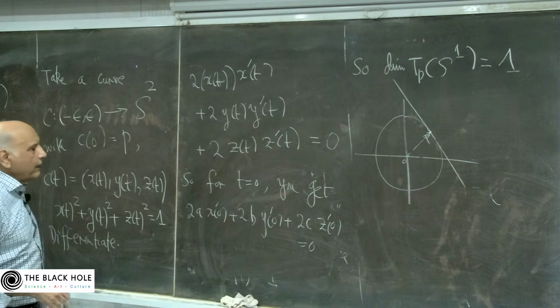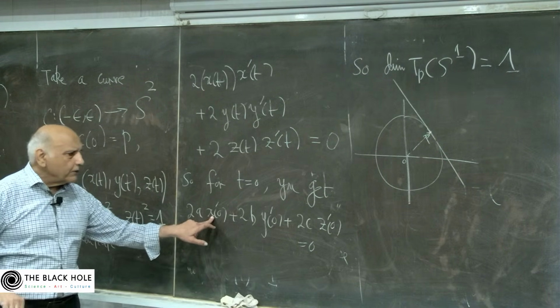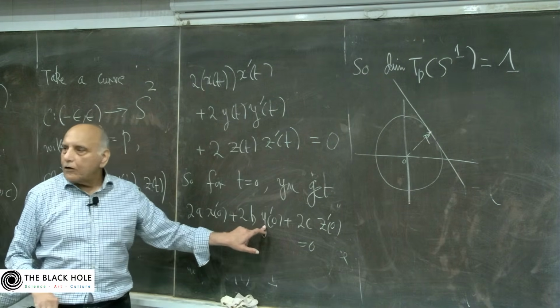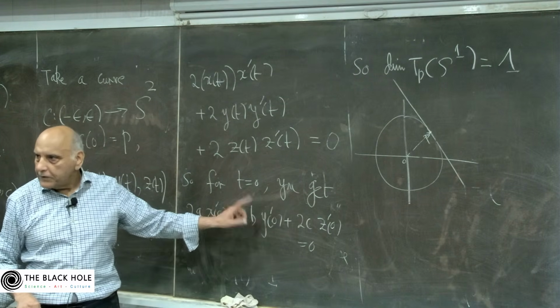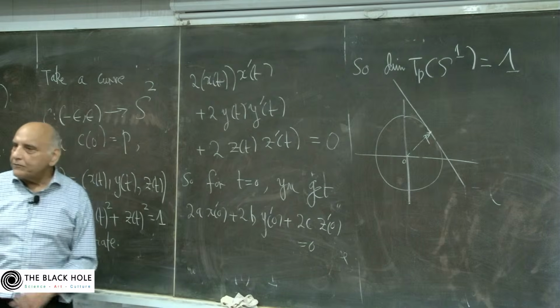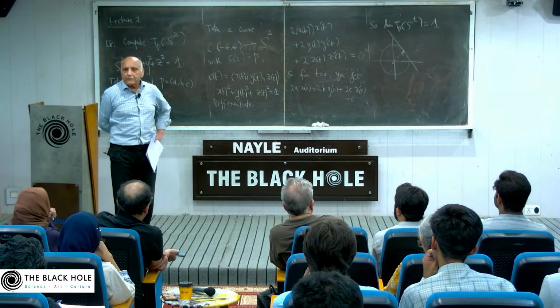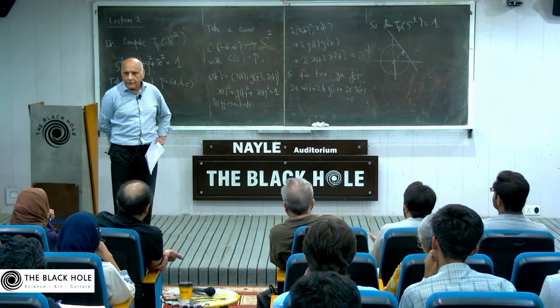So this means now we can use a little bit of notation. These were the components of c prime at 0. And do you see anything familiar? The dot product, right? When are two vectors perpendicular, the dot product 0? When they are perpendicular.